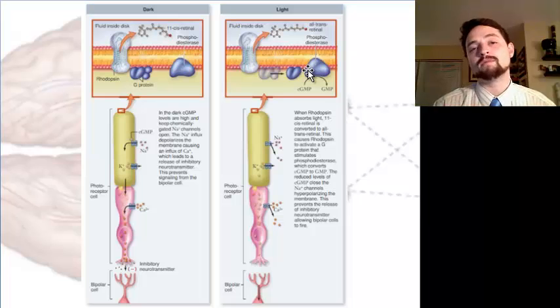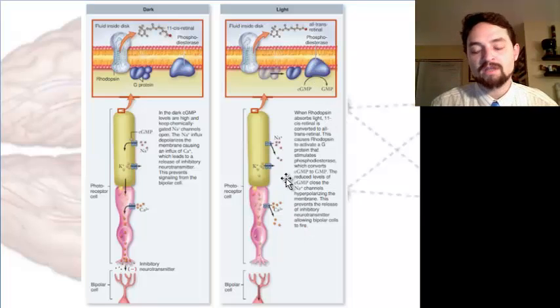It closes the sodium ion channels, which in essence closes the calcium ion channels. It doesn't allow calcium to influx, so you get a hyperpolarized membrane. And this hyperpolarized membrane then prevents the release of inhibitory neurotransmitters, allowing the bipolar cells to then fire.